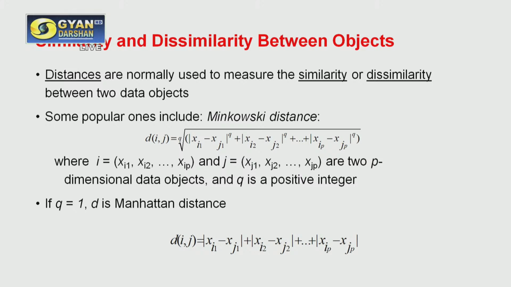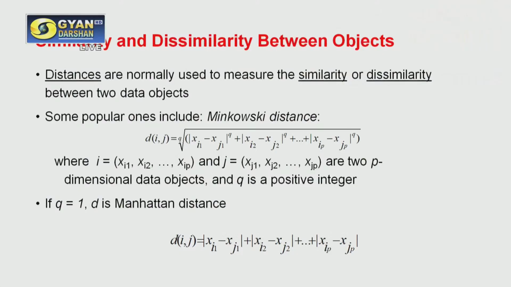If you remember, in the last session I also mentioned similarity and dissimilarity, because a cluster is going to keep only those objects which are similar in nature, right? That means in one cluster they keep all the objects which are similar in nature, but at the same time they are dissimilar from the other clusters. That is what we are looking for.